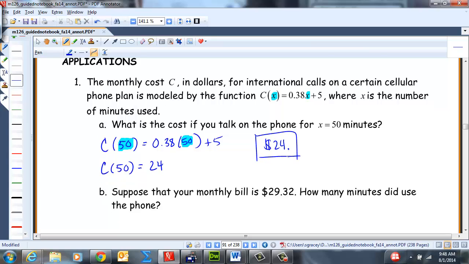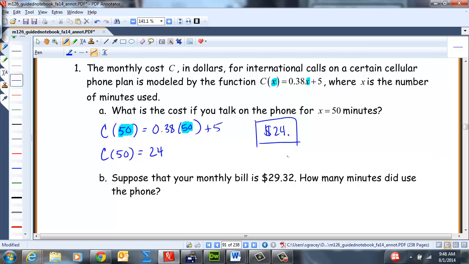All right. Suppose that your monthly bill is $29.32. How many minutes did you use the phone? So now they've given us information about cost. Well, cost is the output value, the function value. So we're going to let C at X equal 29.32, and we need to find the number of minutes that makes that true.